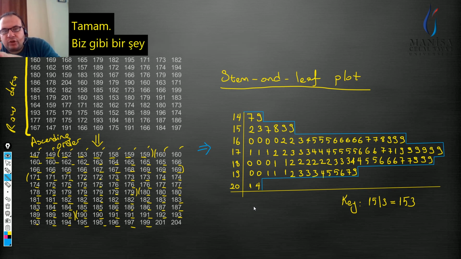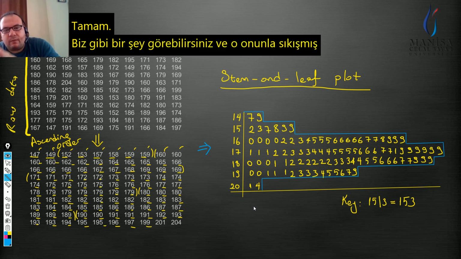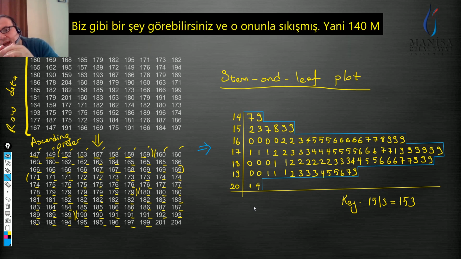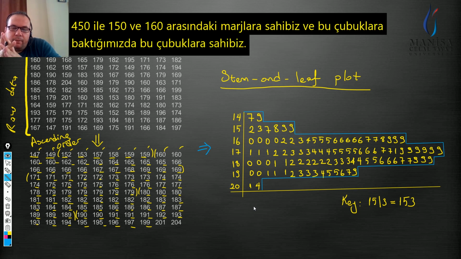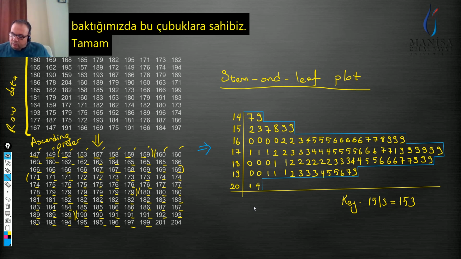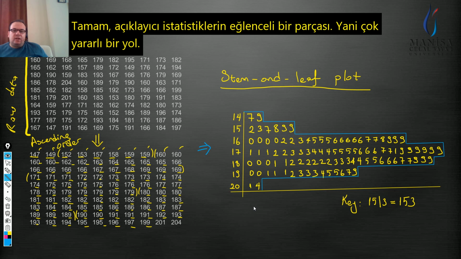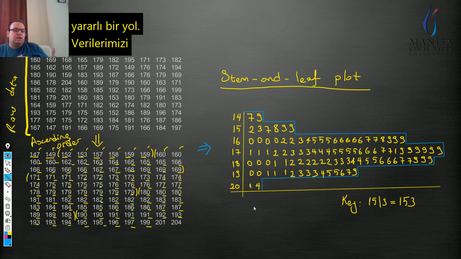We have the margins between 140 and 150 and 150 and 160, and we have these bars when we look at it this way. It's a fun part of descriptive statistics, a very useful way to present our data visually without losing any information.